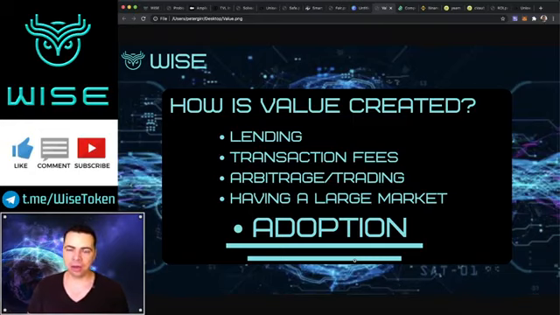Well, then value would go out of the US dollar. The actual buying power of it would tank, and the buying power of Mexican pesos would go up. Same thing with gold, silver, Bitcoin, any other asset. So adoption is absolutely key, and if you're going to make a sustainable crypto and you want to make a cryptocurrency that goes up in value, you need to have a plan for adoption.